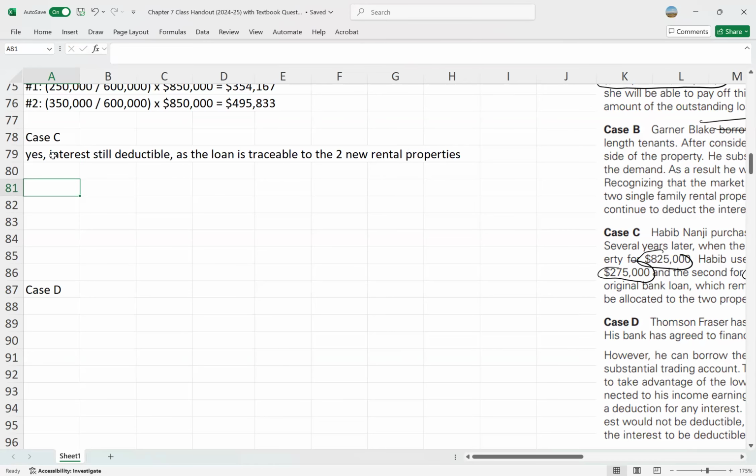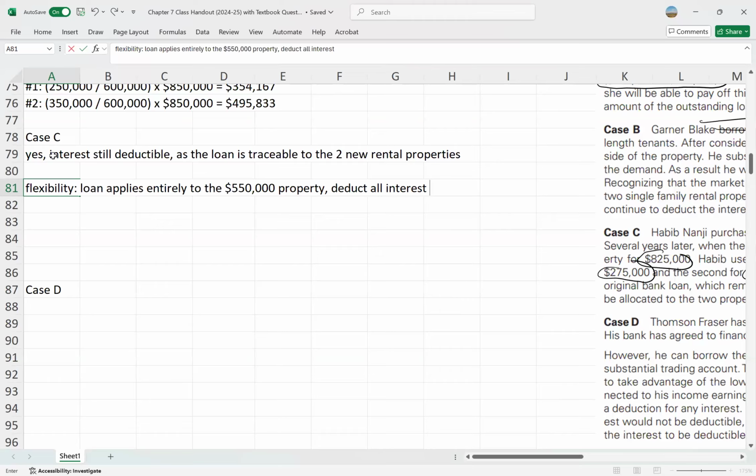And he basically has some flexibility as to how he deducts the interest. He could say that the loan applies entirely to the $550,000 property because that's more than the value of the loan, and deduct all the interest against the rental income of this first property.